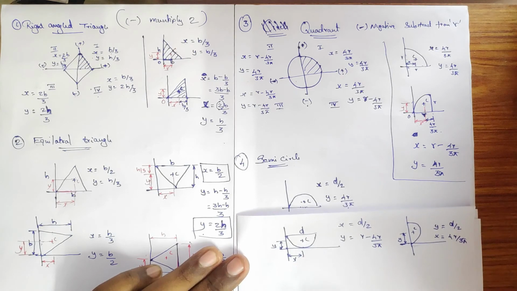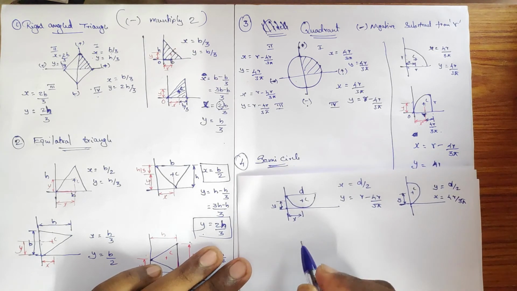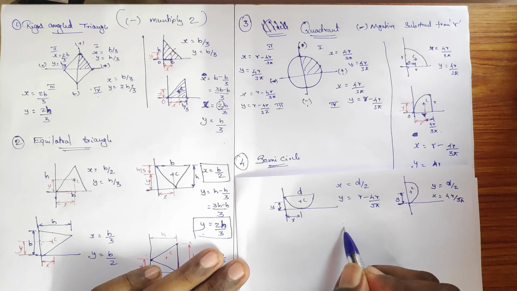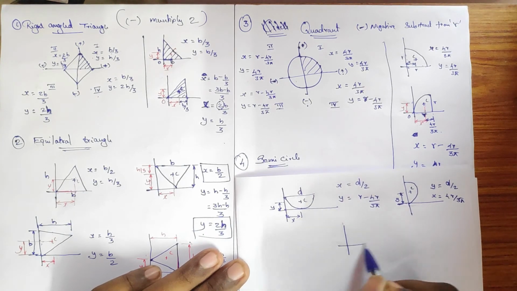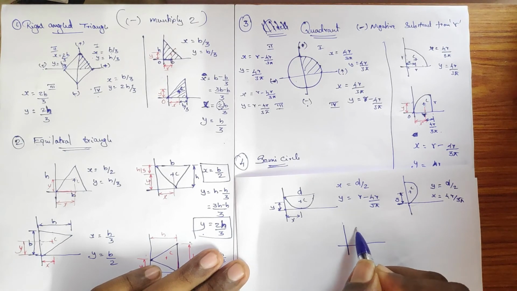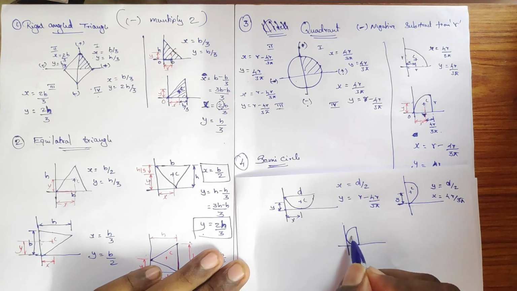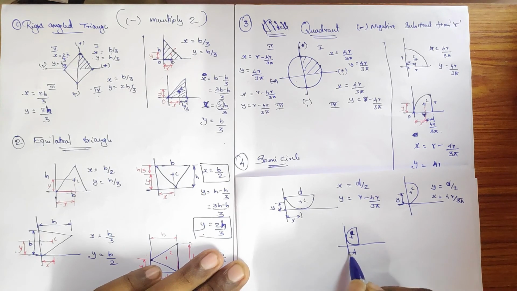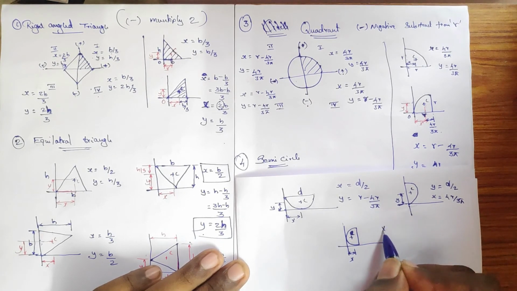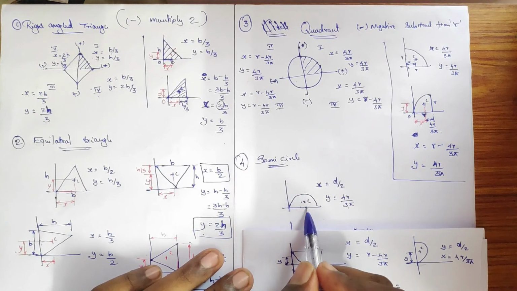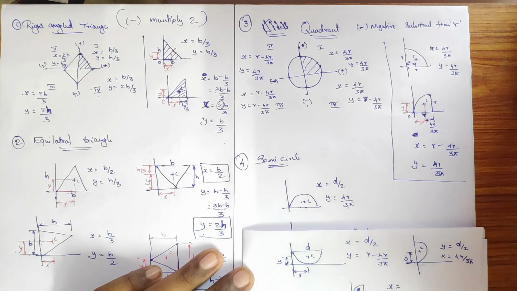One more thing I can show for the semicircle. Suppose it is just like this. In order to specify the centroid from the x direction, this is the x. So x is equal to, from the base side to this particular distance is 4r by 3 pi, right?